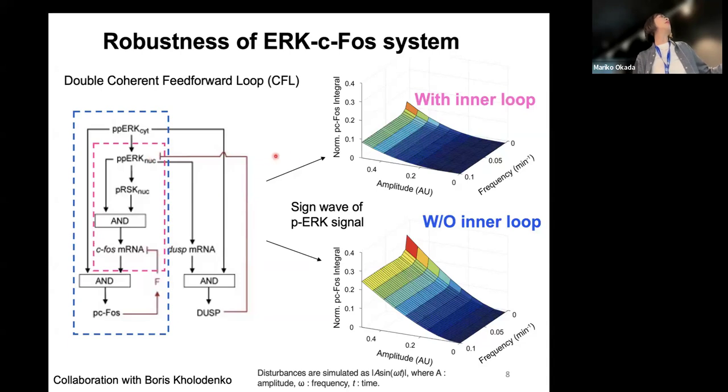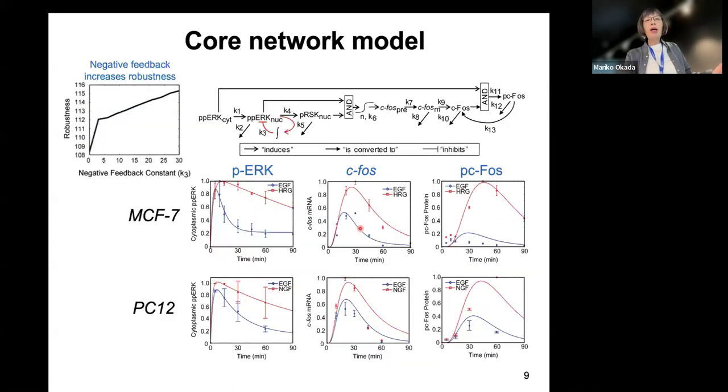We found that with the inner loop, the C-FOS didn't go up so dramatically. It means that the inner loop keeps the system more robust. Without the inner loop, it goes up so quickly. So we see that this transcriptional network controlling the robustness of the transcription activity is important in this system.